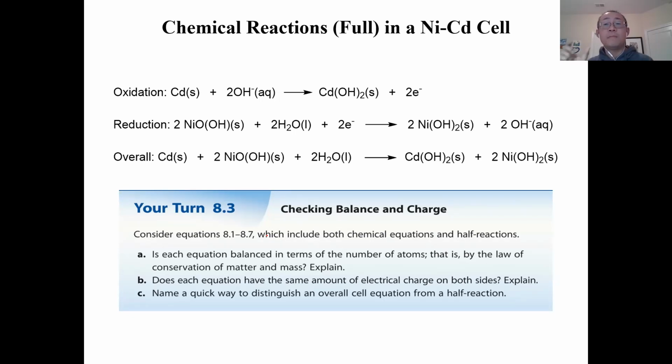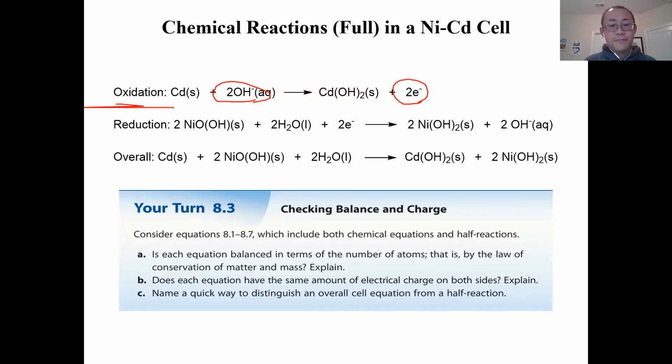That means you have an equal number of atoms of the same element on both sides, and for those half reactions and overall reactions, whether the charges are also balanced. For example, in the oxidation reaction, on the left side there is a -2 charge because of 2 hydroxide ions, and on the right side there is also a -2 charge because of 2 electrons. So in a half reaction, the charge is also balanced, not just the mass.